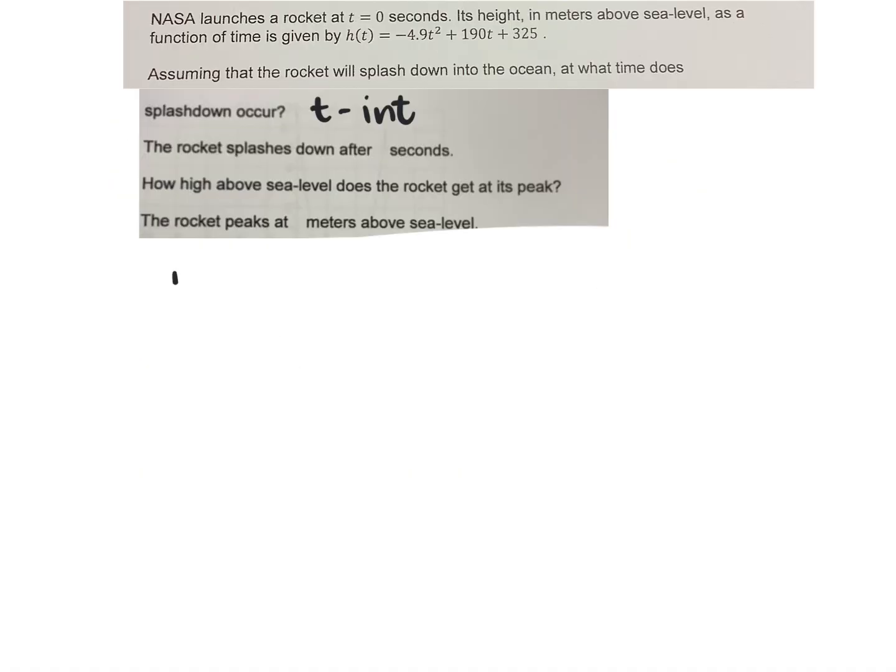For the next part, we are going to be using, of course, that exact same equation. So we have the height is equal to negative 4.9 t squared plus 190 t plus 325. The other question in this problem is asking us how high does it reach at its peak.